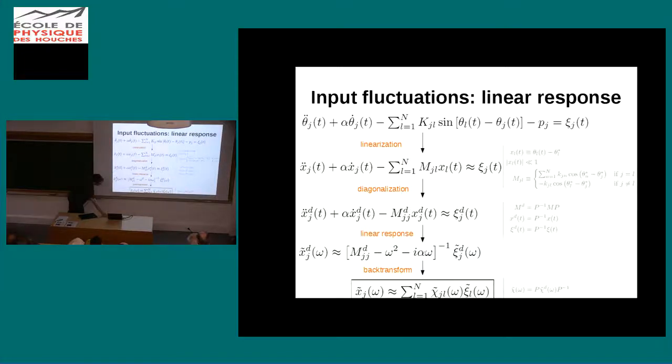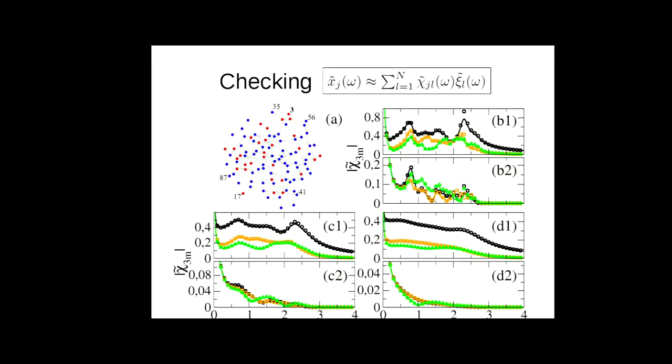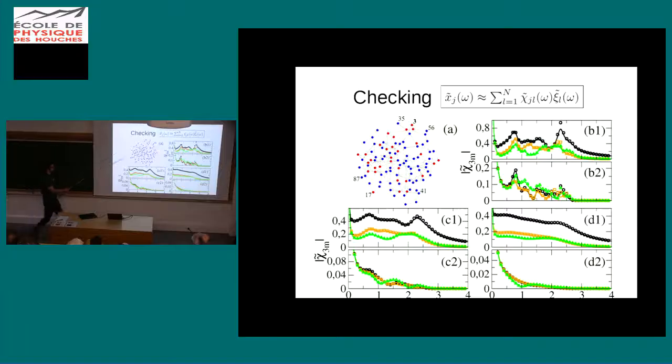Okay, so this is the power of the method. And so I think one of the last slides already. So we try to check, or we can check this. We take a regular random graph, which means that it's a graph that is randomly connected with one constraint, that every node has the same number of neighbors.